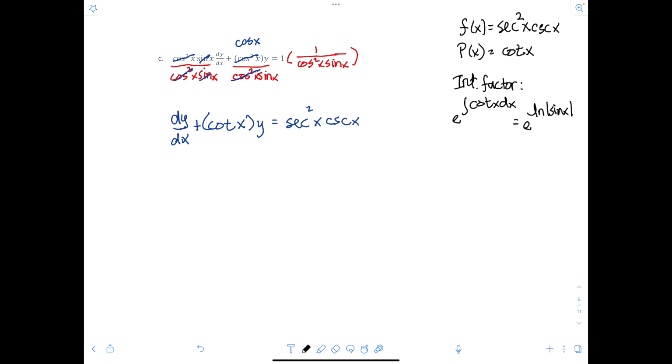Now let's look at our domain. If you look at the overlapping domain here, we've got the secant function, the cosecant function, and the cotangent function. So we're going to be from 0 to pi over 2 non-inclusive for the overlap there.